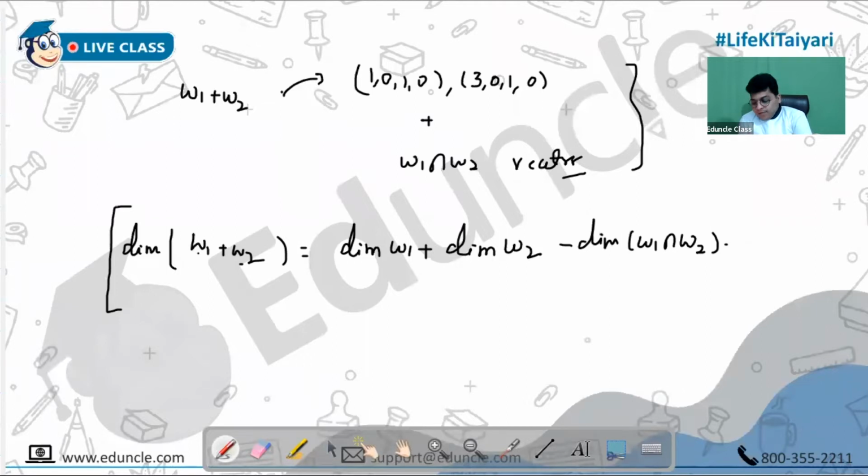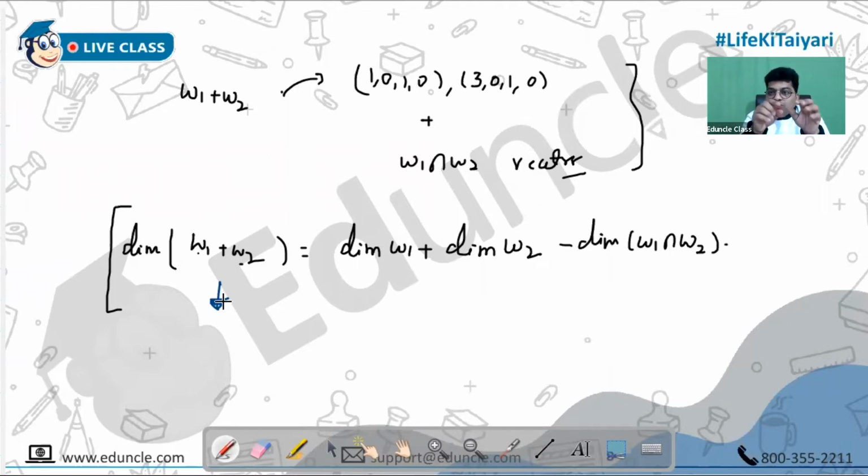Now you are saying, first of all, find out the vectors generated by W1 union W2. It means W1 plus W2 is generated by W1 union W2. But this is not linearly independent, so we have to find by row echelon transformation which are linearly dependent.